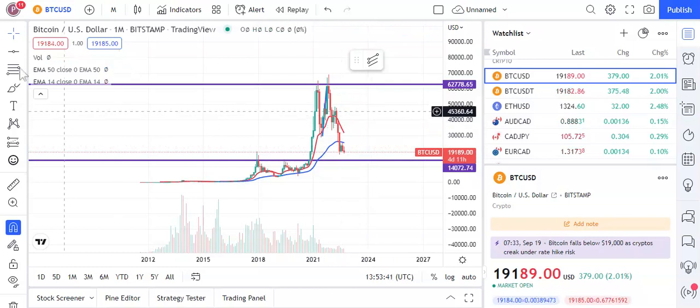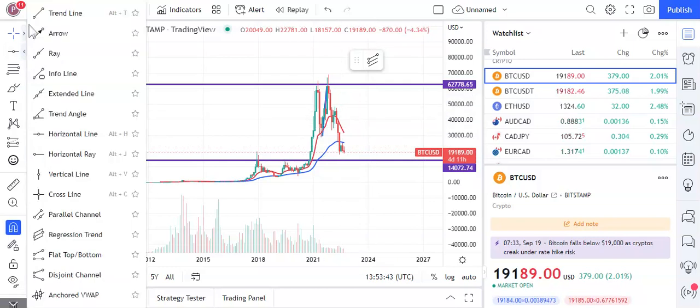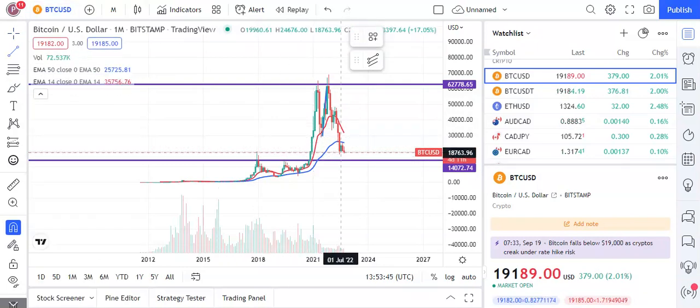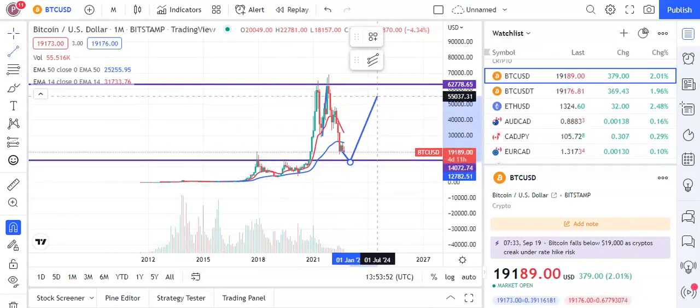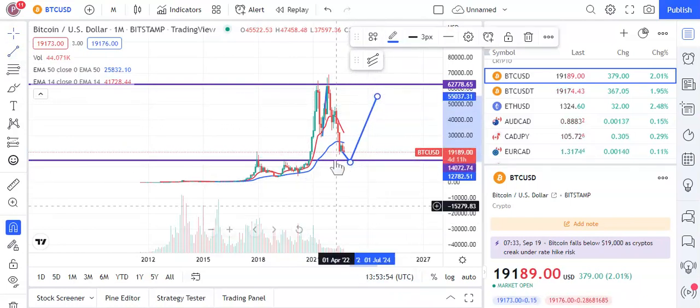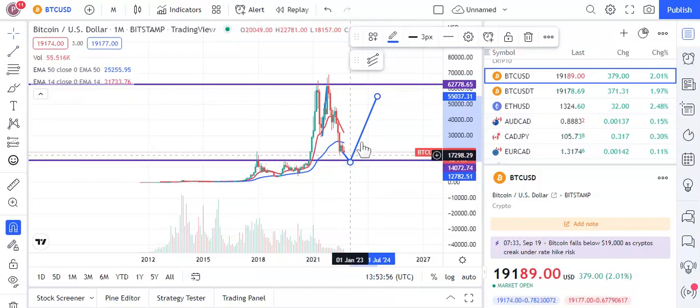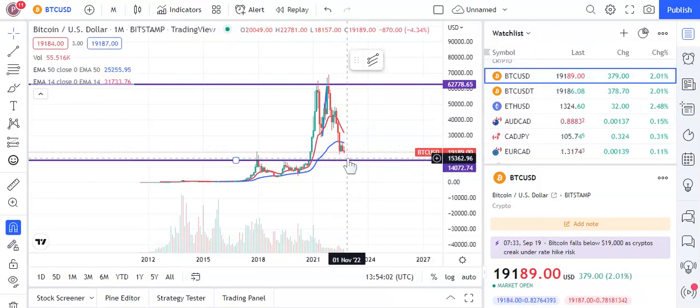Let me show you what I mean using my trend line. This price could drop down to this line, then it will begin to go back up. So we are waiting for it to get to this point. So that's what I mean. So this is an area of support. This is a strong area of support. And this is a strong area of resistance.